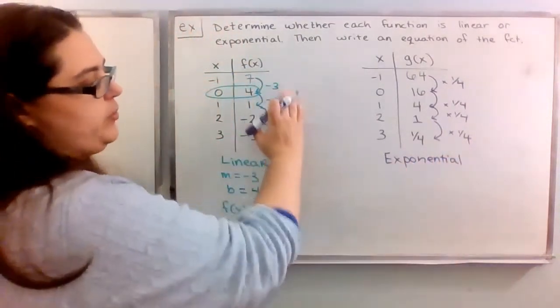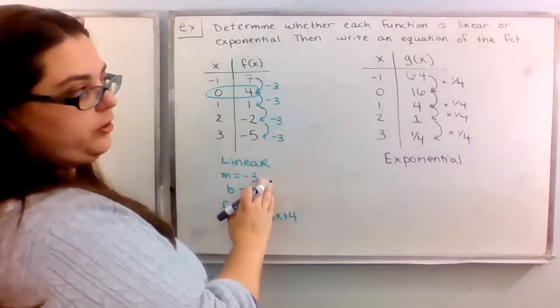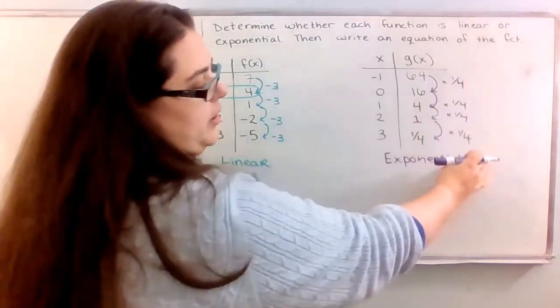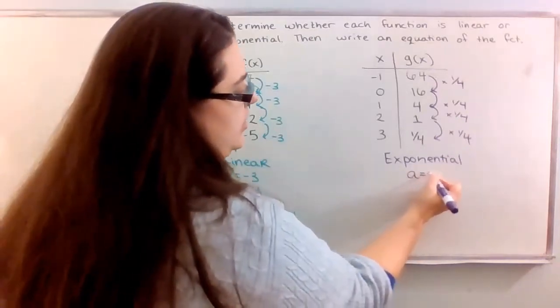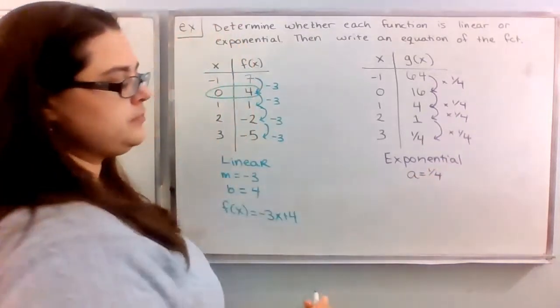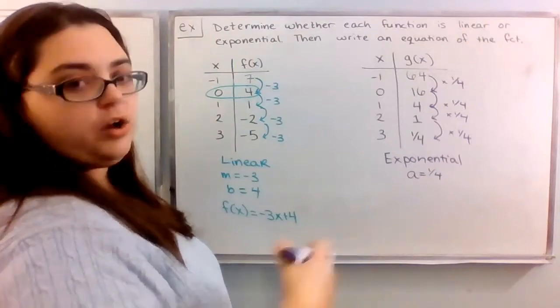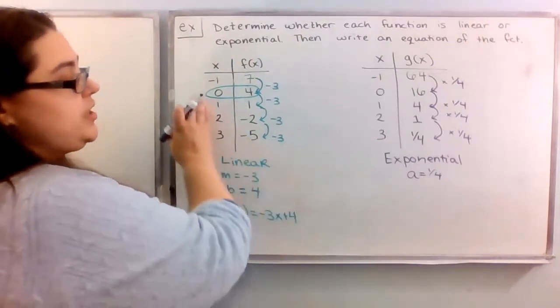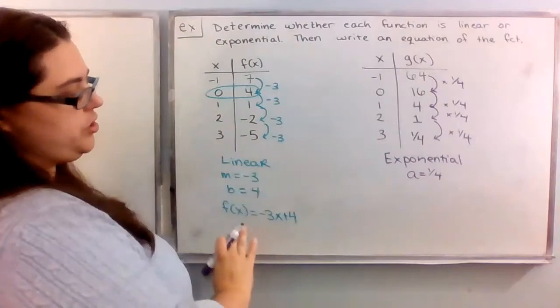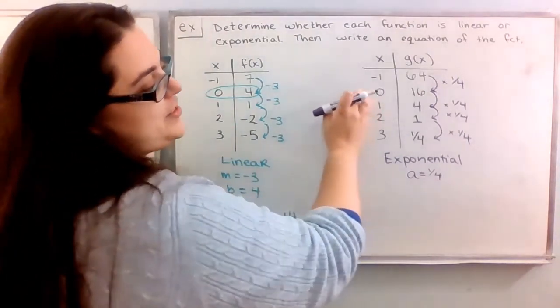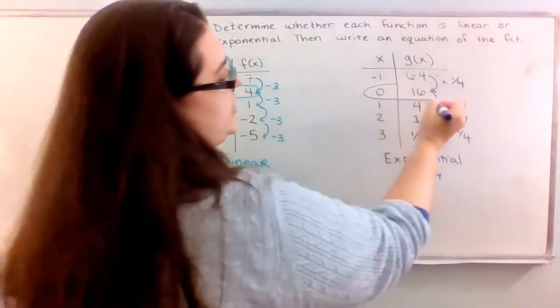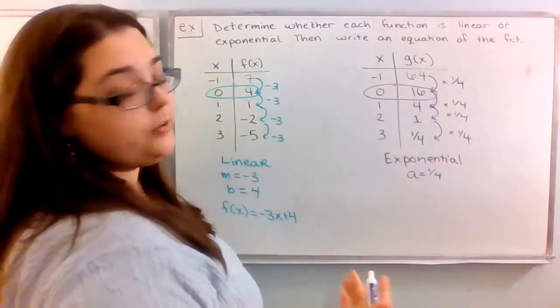And just as the amount we subtracted told us the slope, the amount you're multiplying by is going to tell you your growth factor. So a is going to be 1/4. Also, similarly, just as the y-intercept told you the y-intercept here, in this case, this y-intercept is going to tell us our initial value.